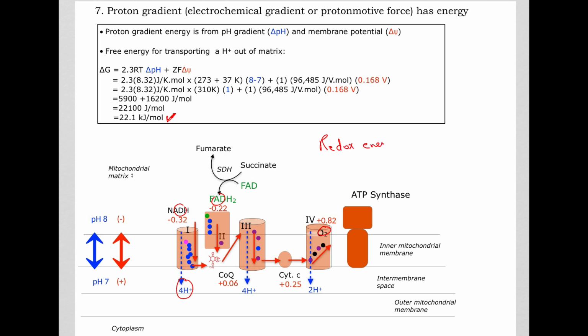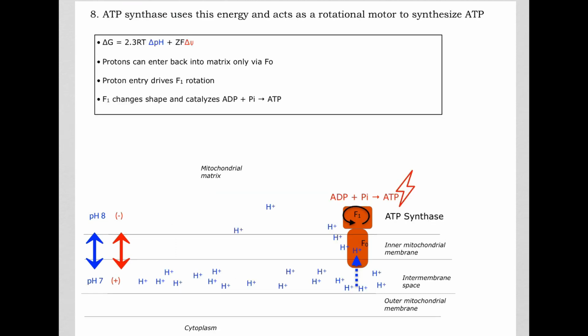So basically the redox energy has been converted into this proton gradient energy.